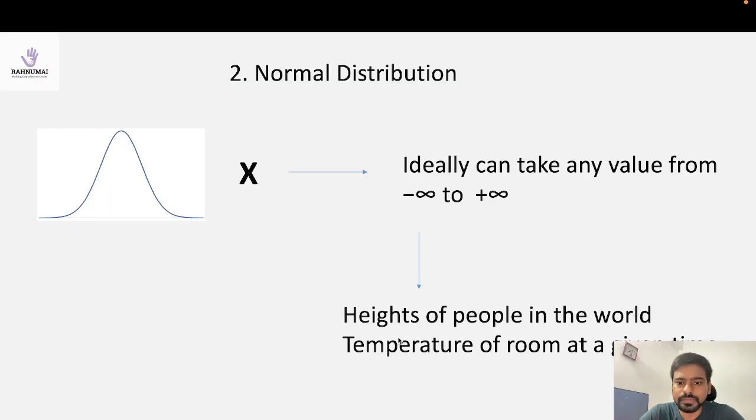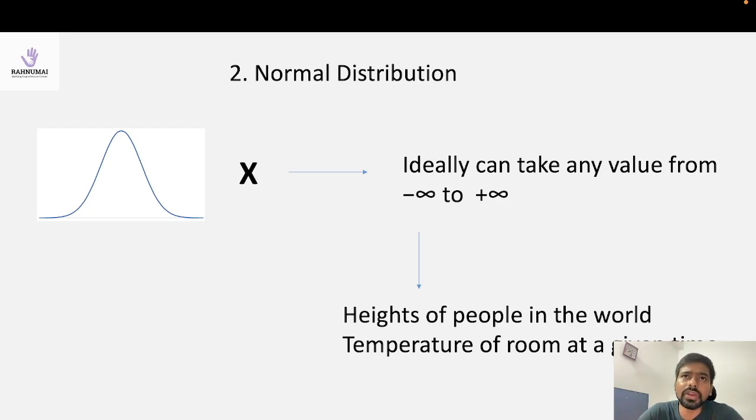Take for example heights of people in the world. Suppose this x represents heights of people in the world. You know what the average height would be, anything like 5.3 and something, right? But it is very rare to find a person with a height of, say, 11. Very rare.